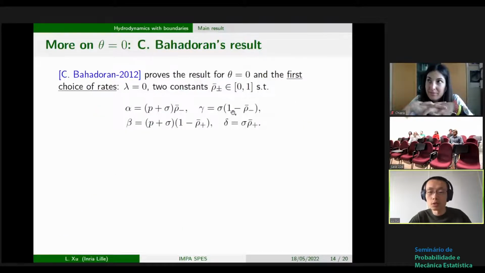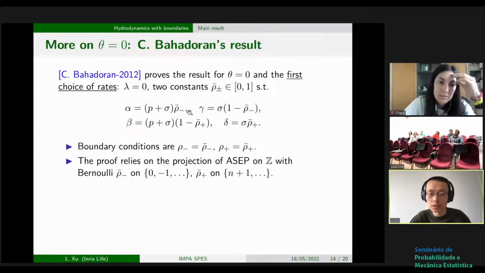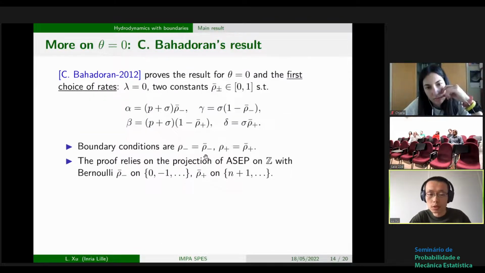Okay, so here I write again what these rates are. In this case, the boundary conditions are given by rho minus equal to rho minus bar, and rho plus equal to rho plus bar. If you put these values into this formula, it's a kind of computation, but it's simple, and finally you get this formula.